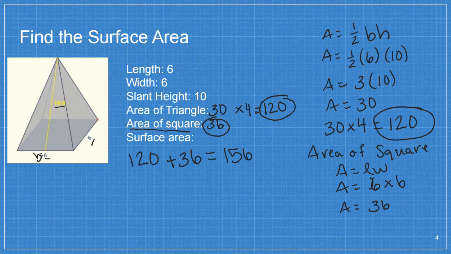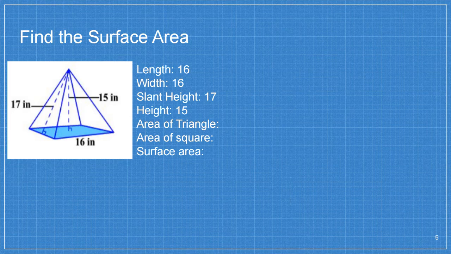I don't have any units here, so I use units. Since surface area is 2 dimensions, the same as regular area, I use units squared. So my final answer is 156 units squared.